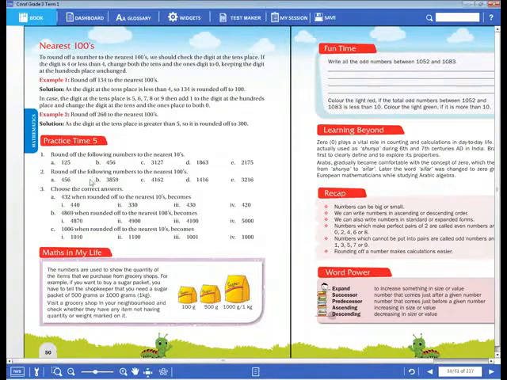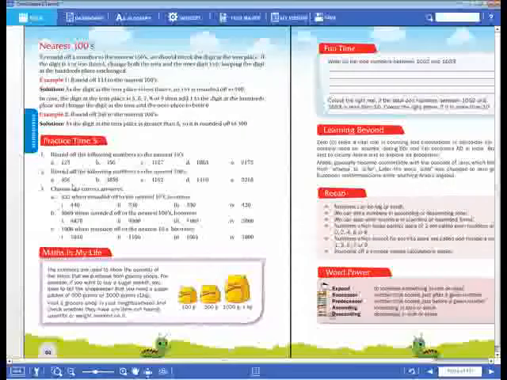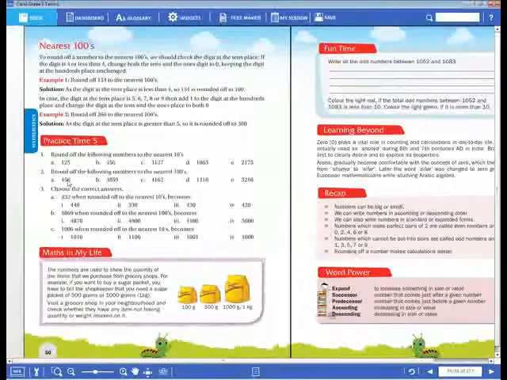So what is the correct answer, dear children? 456 was the nearest tens. Hundreds means you have to check the next two places. When we check the next two places, it is greater than 50. So we have to take the next hundreds, means 500.